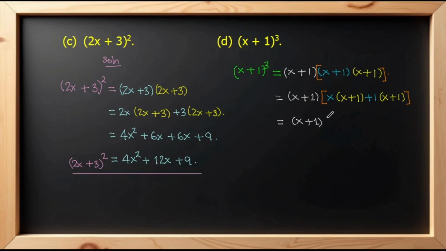Now exactly what is inside this square bracket is what we have just worked on already. So we can go ahead and have x times x, we will have x squared, then x times 1, we shall get here x. Now move on here, 1 times x, we get x, and 1 times 1, we get 1.